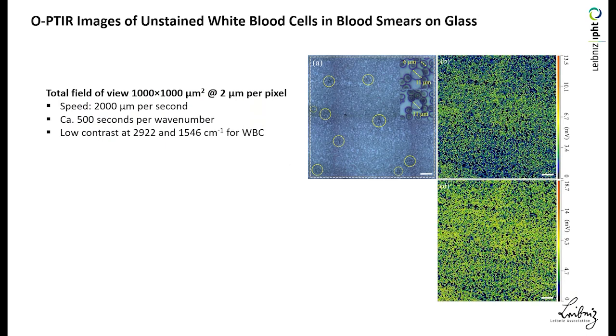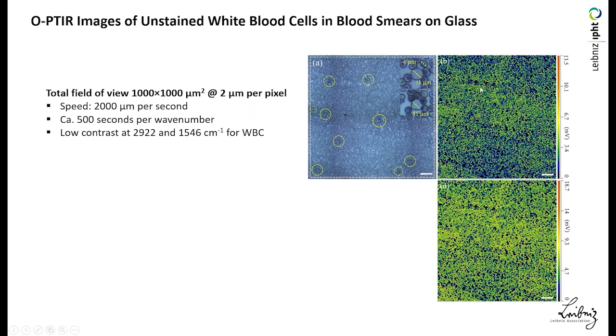So we also collected images here. The total field of view was 1000 by 1000 micrometer, the step size 2 micrometer per pixel. The speed of the stage was 2000 micrometer per second, so a discrete wave number image took approximately 500 seconds.